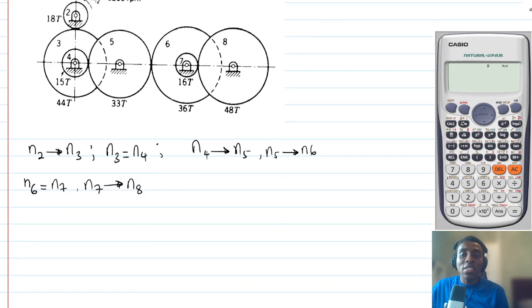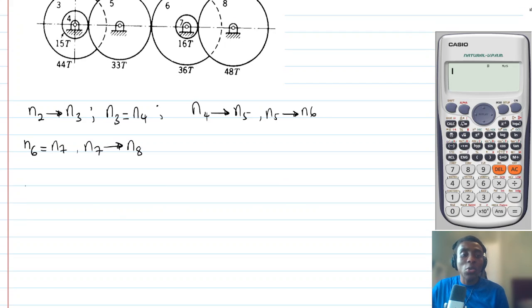Now in terms of gear design, there is what we call the gear ratio. The gear ratio is the driving speed divided by the driven speed.